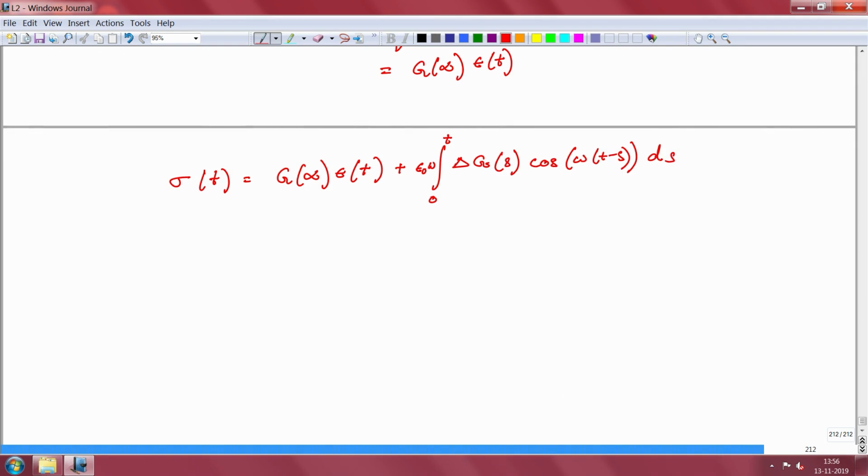Right. So, now let us expand the cosine function. If we do that, then we have omega, then we have delta g of s.